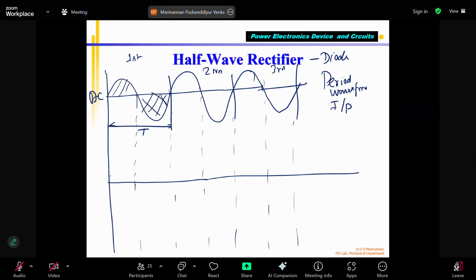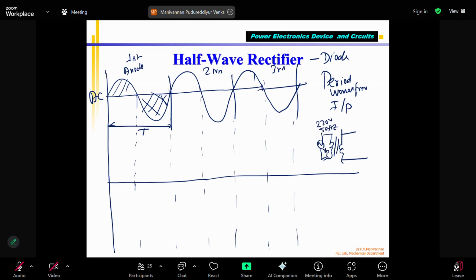So you are supplying this to the anode of the diode. Already we know the rectifier circuit. I will just show this is the transformer, this is the primary. I am supplying AC voltage, 220 volts, 50 hertz. This is the secondary.